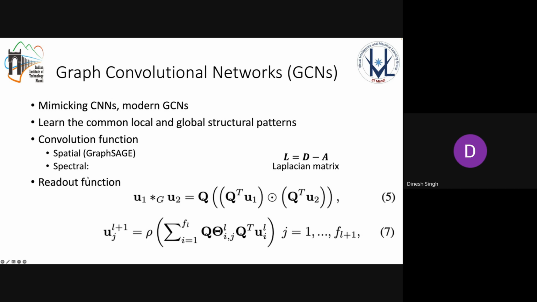So let's say we have some U1 and U2. These are the embeddings of two different nodes. We want to apply a graph convolution, simply the convolution operation between these two inputs. To provide this, we use the adjacency matrix.